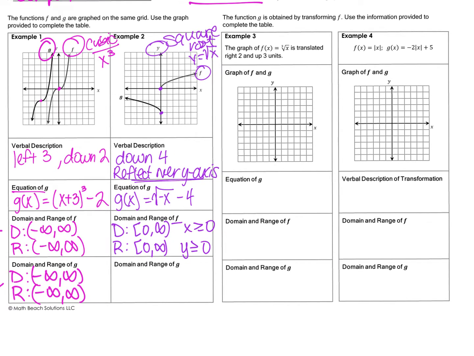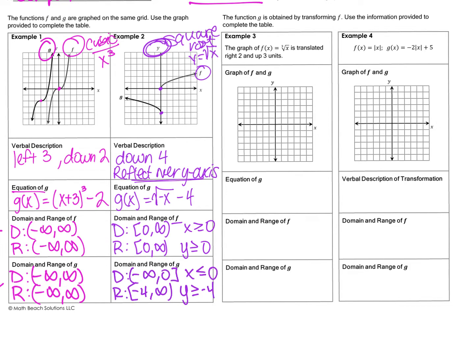Now looking at our transformed g, notice our domain is from negative infinity to 0, or you could put x is less than or equal to 0. And then our range, if you look at the y-axis, notice 1, 2, 3, 4. It's at negative 4 and everything above it. So you would have negative 4 to infinity, or y is greater than or equal to negative 4.